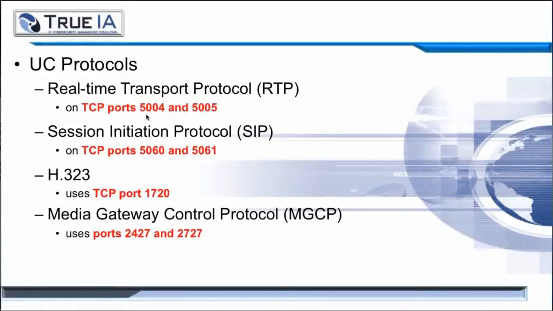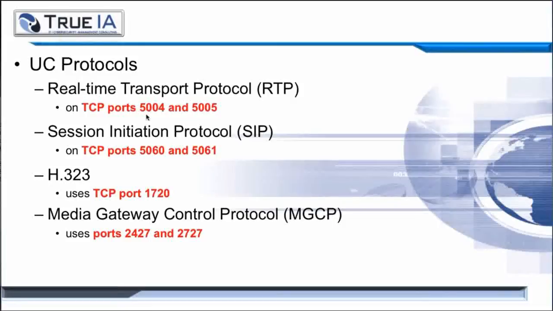Now, since we're talking about routing traffic, let's take a look at the Unified Communications Protocols. Real-Time Transport Protocol, or RTP, resides on TCP ports 5004 and 5005. The Session Initiation Protocol, or SIP, resides on TCP ports 5060 and 5061.